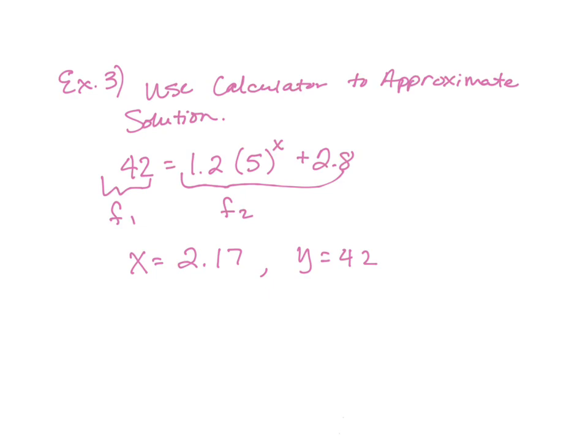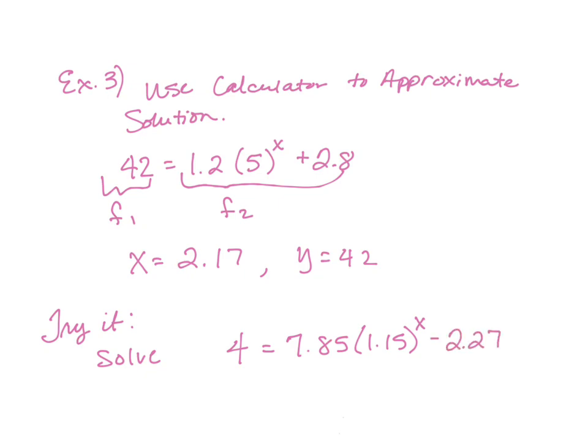Cool? I'm going to give you one more, and that'll be the last thing we do today. Here's your try it. You're supposed to solve 4 equals 7.85 times 1.15 to the x power minus 2.27.